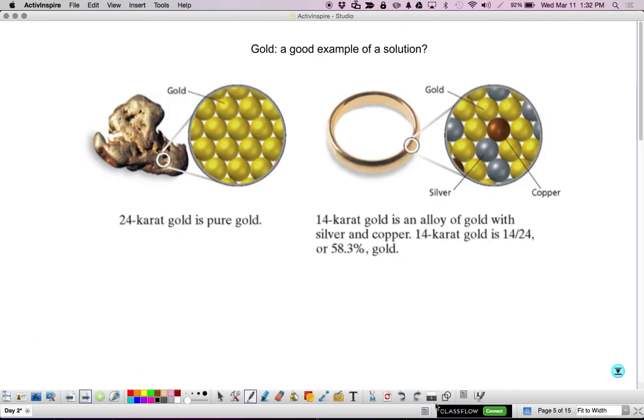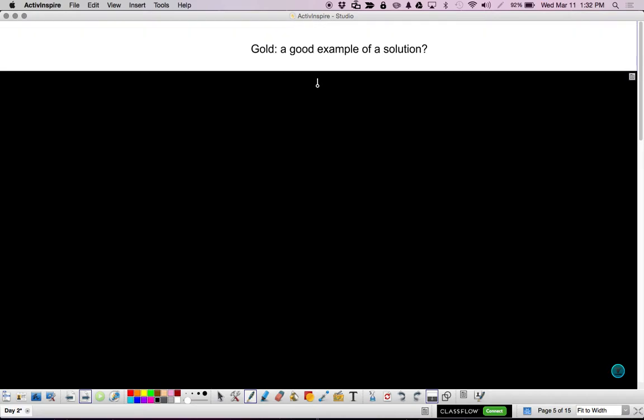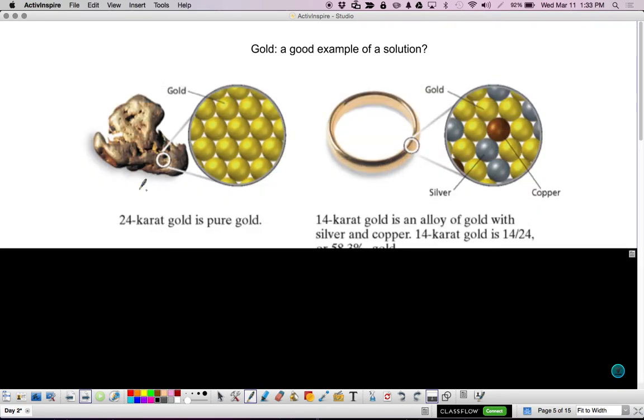Another example that I think is pretty clever is gold. Is gold a good example of a solution? Yeah, you betcha. 24 karat gold is pure gold.